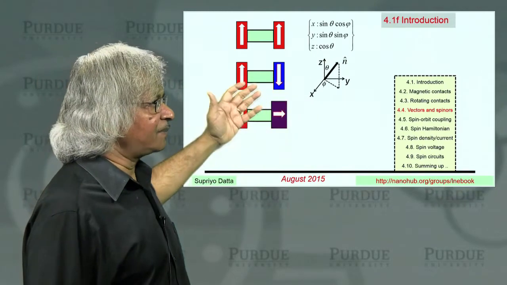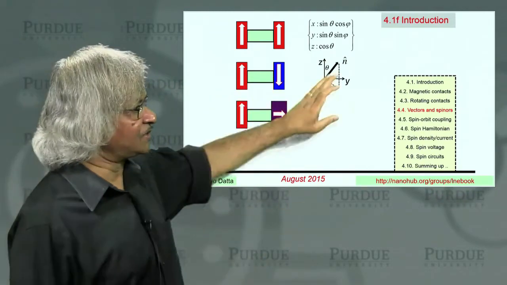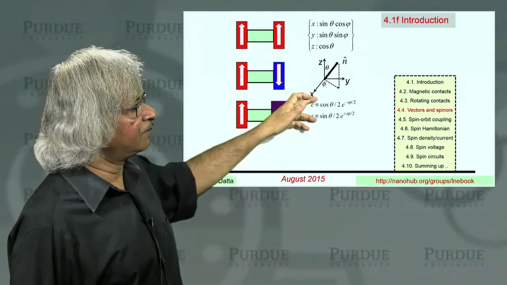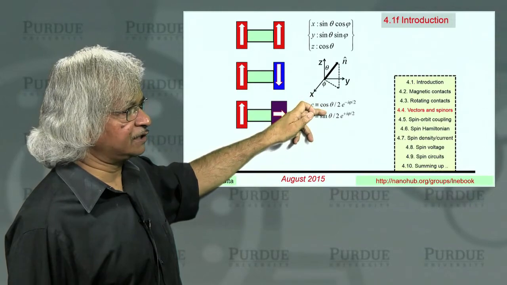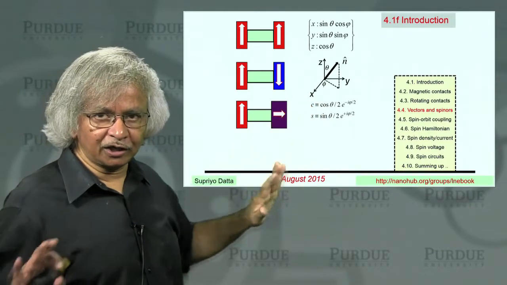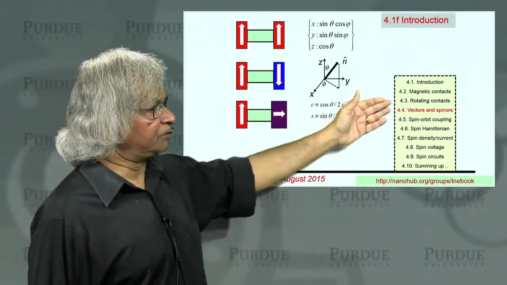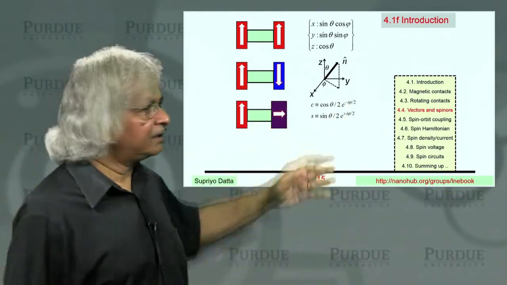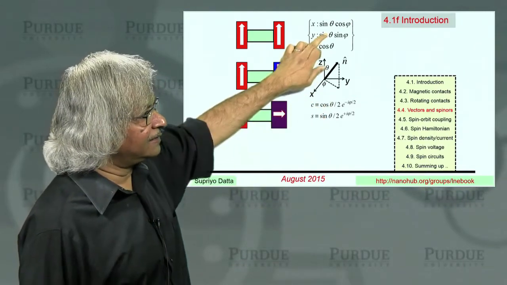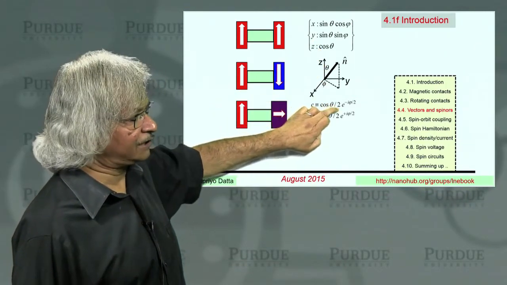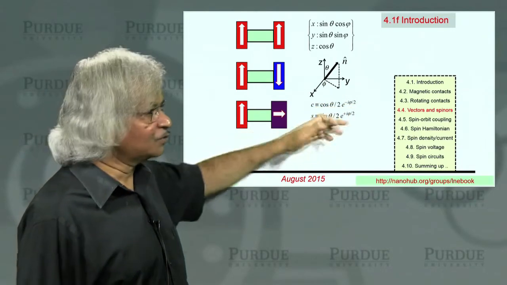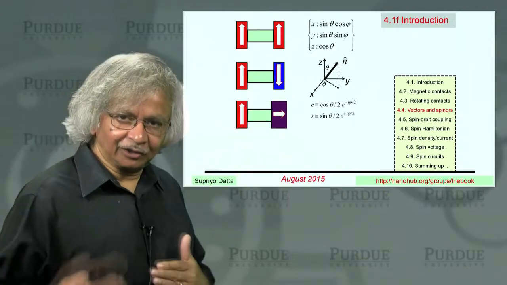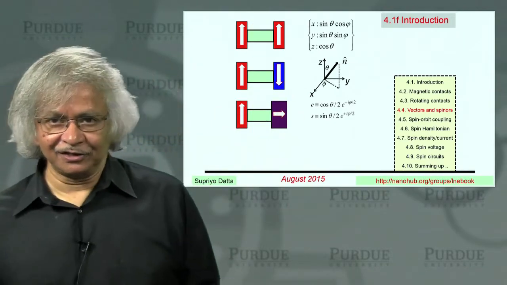But when you are describing spinors, you visualize them the same way, as if it's pointing in some direction, but its components are given by these two complex quantities. And this is, of course, not at all obvious, and this is the kind of thing that we'll be talking about in the fourth lecture, and where this comes from. And note here that this is theta, and here you have half theta and half phi. And that is why you kind of need 180 degrees to get orthogonal, whereas with vectors, 90 degrees is orthogonal.